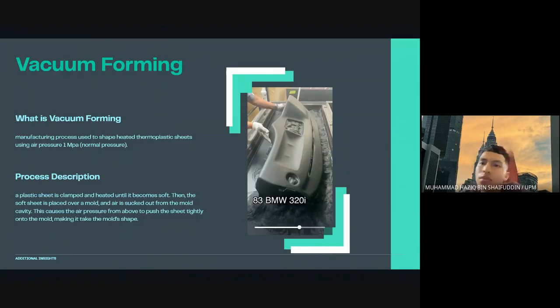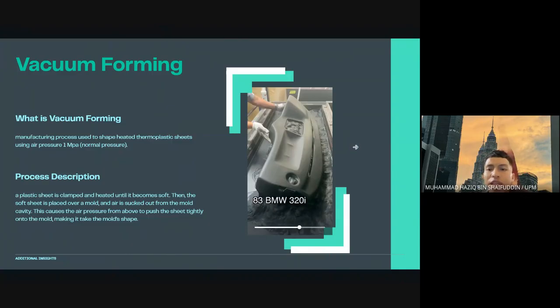Today, I will continue by presenting about vacuum forming. So, what is the difference between vacuum forming and blow forming, as mentioned by our friend Wais? Blow forming and vacuum forming work almost the same way. The difference is the gas pressure.